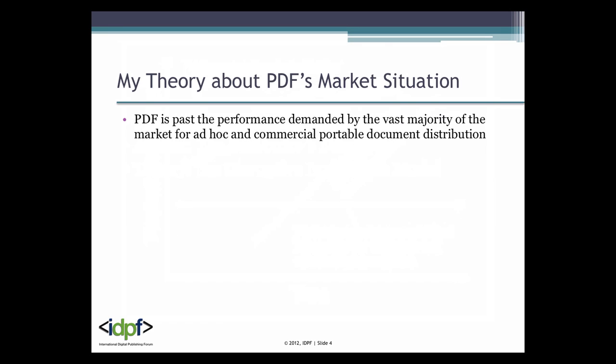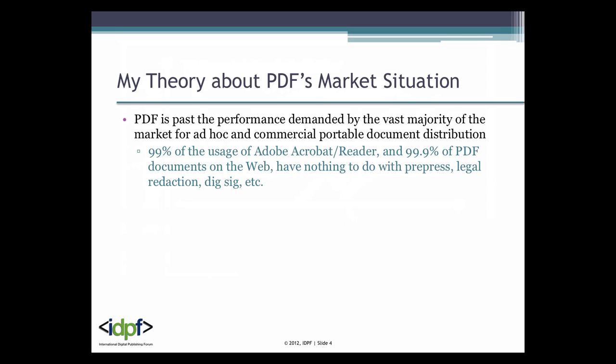So my theory, and again, this is just my personal point of view, certainly not the opinion of the IDPF, my organization I work for, or anything else, is that PDF is past the performance demanded by the vast majority of the market for ad hoc and commercial portable document distribution. I'm not speaking here of the prepress usage and all that kind of stuff.